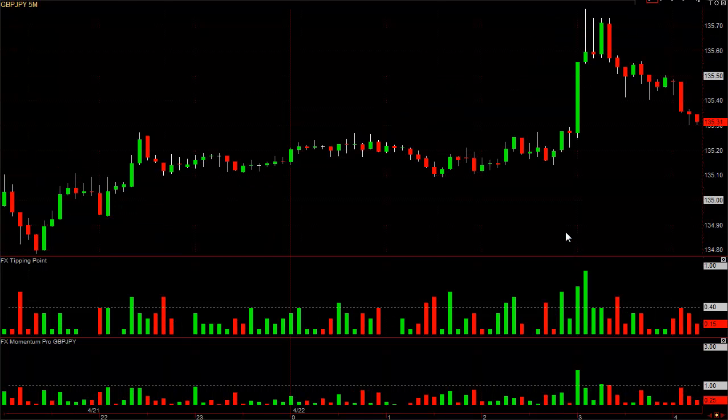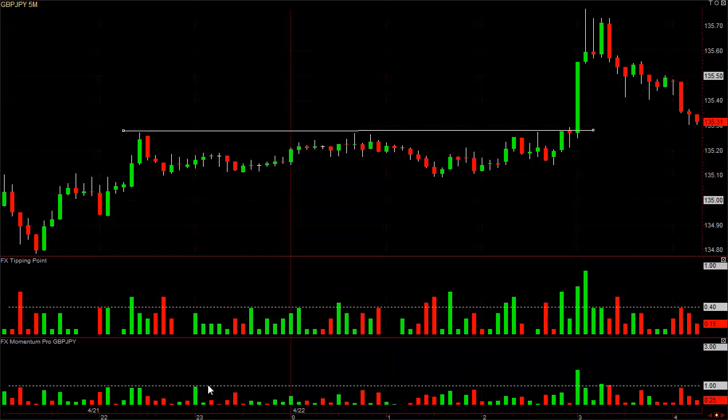Here's another example using a 5-minute pound yen chart, and the market rallied up, and we have a nice little sideways consolidation here. During most of this sideways rectangle pattern, most of the pound pairs on most of the bars were going up, and most of the yen pairs were weak. The intensity showed one decent sized move here, and again this compares it to this time of the day.